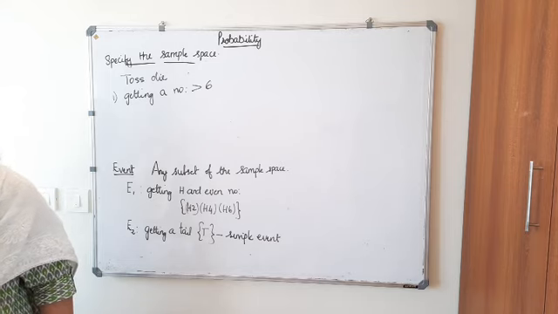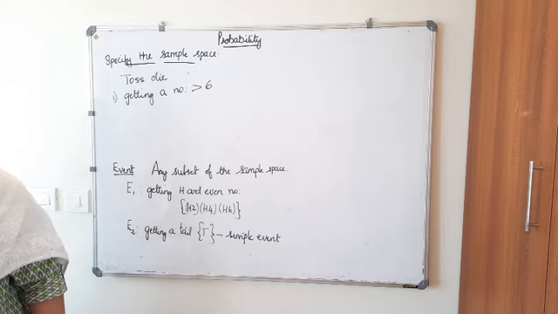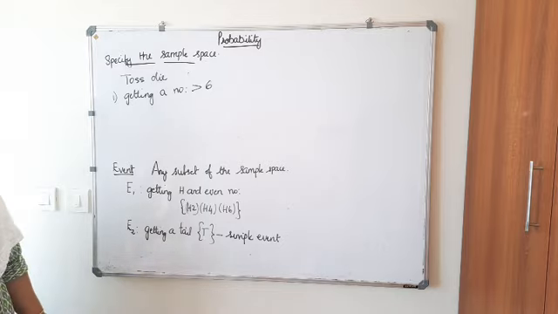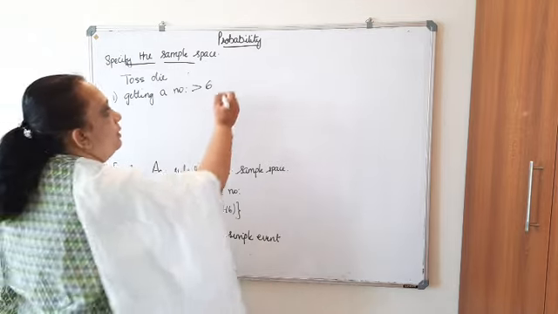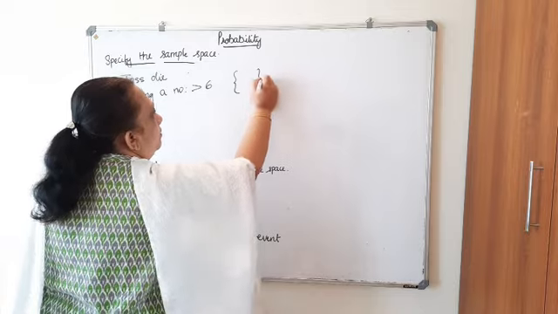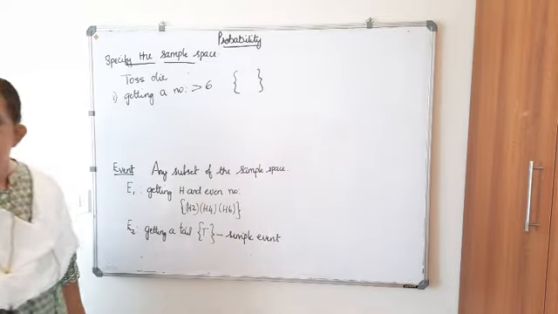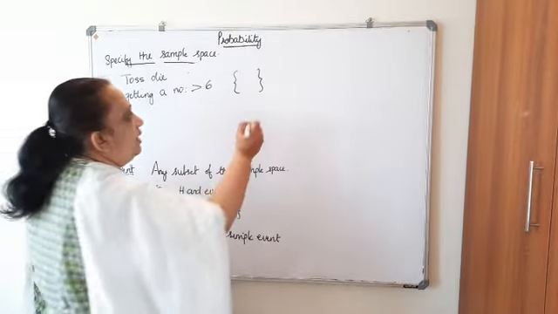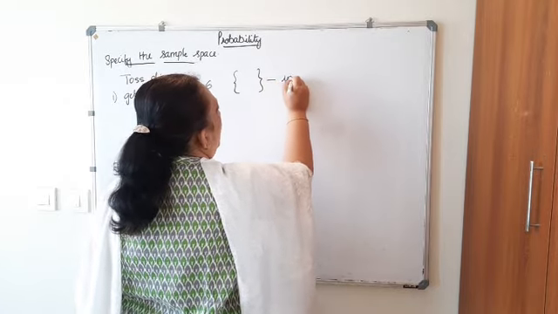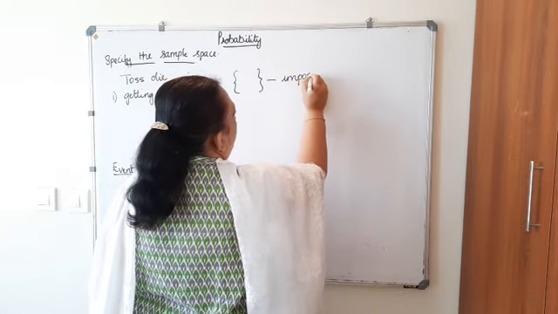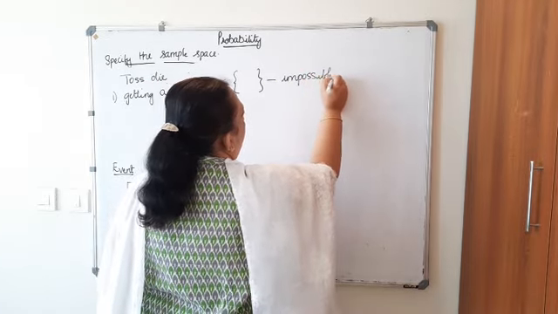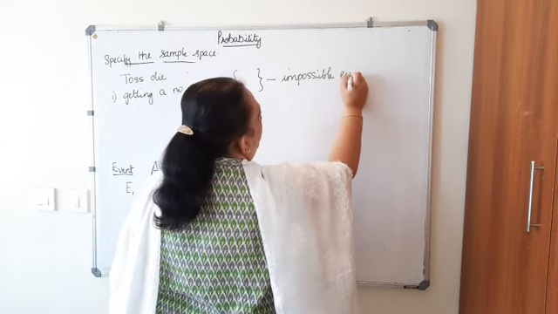Now give me the answer. When you toss a die, getting a number greater than 6, you will say there is no such number, isn't it? So that event is called an impossible event.